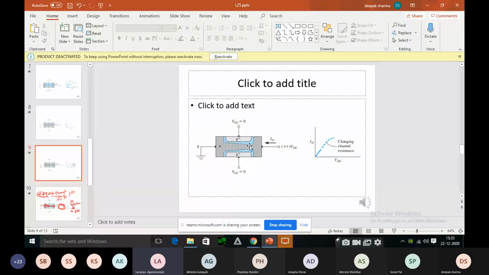How to explain that? As VDS is increased, the drain terminal becomes more reverse biased compared to the source terminal.